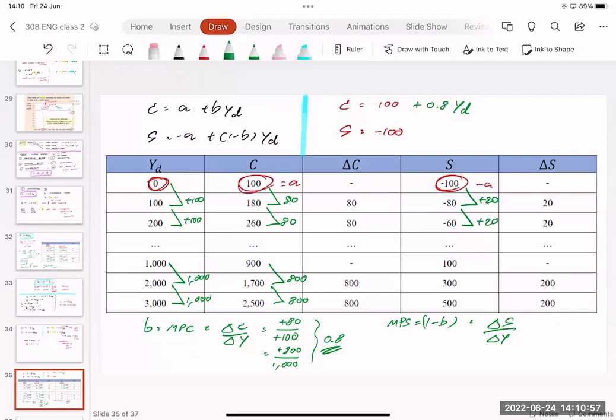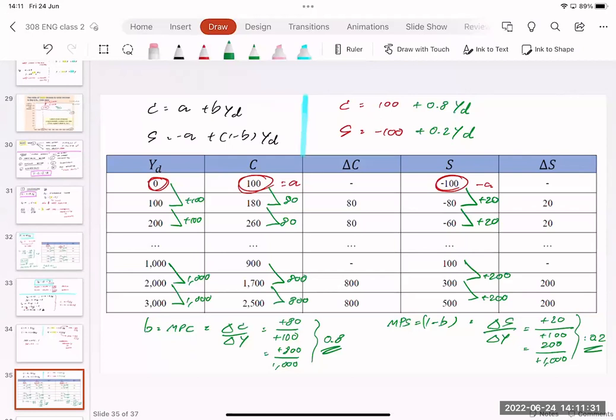When your income increases by 1,000, you save more for 200. Together equal to 0.2. So you can write down here 0.2 YD. Okay, so far so good.